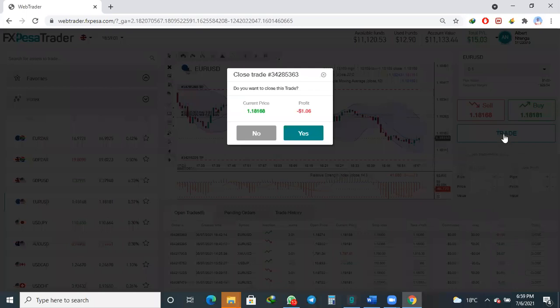So execution is when you click on the trade icon, and then the trade is open. Now, for you to see your pending orders after the open trades, just below the chart, you have the open trades. The second icon is the pending orders, and the last icon is the trade history. Now, open trades is what is currently open.